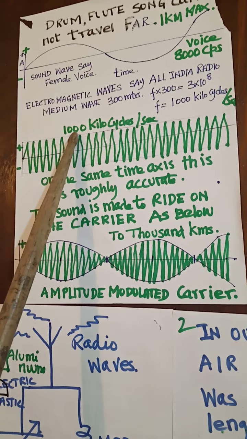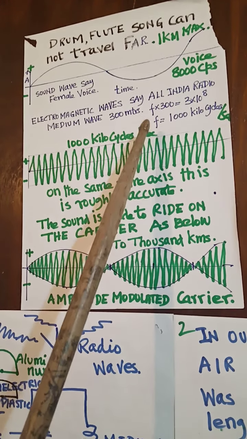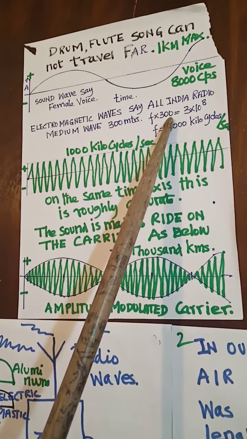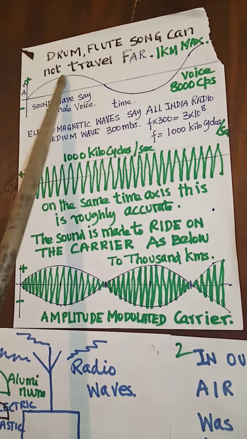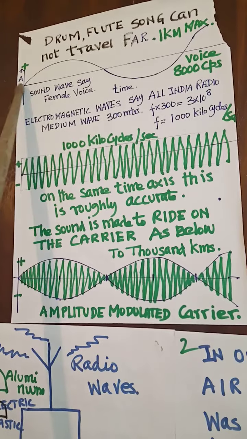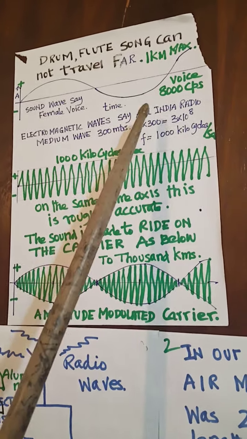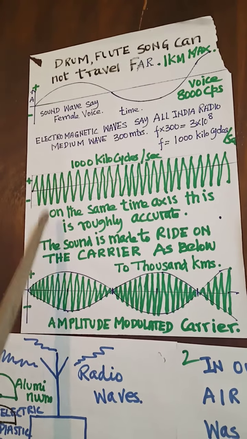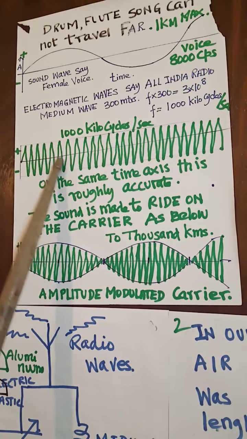See, 1000 kilocycles per second. For All India Radio with 300 meters wavelength, the frequency of that radio wave is 1000 kilocycles. And this sound wave, say a flute or human voice, is only 8000 cycles. So what we do is make this ride on the carrier, and that is known as amplitude modulation.